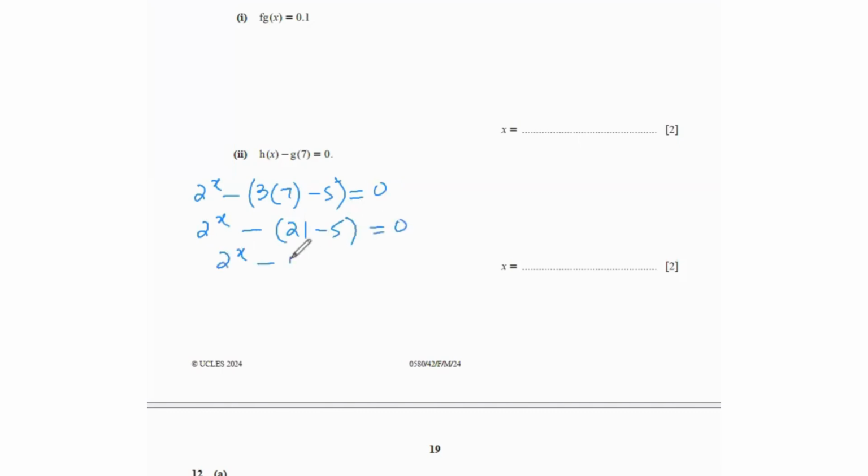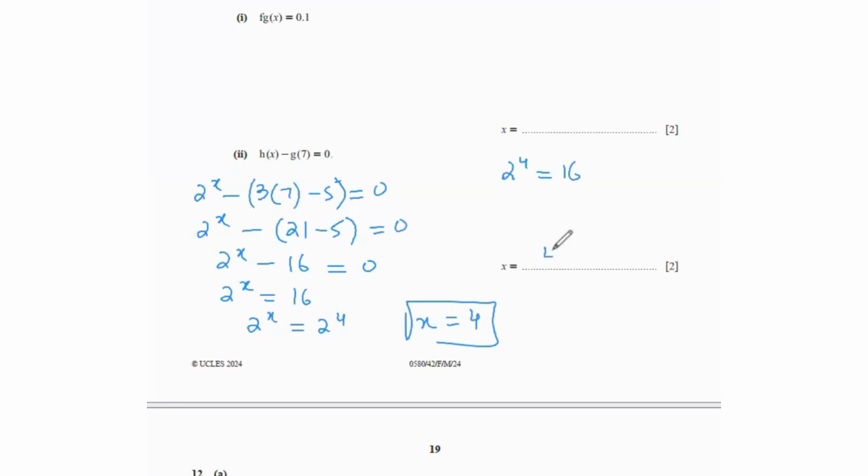So that is 16. So move 16 to the other side: 2 to the power of x equals 16. We know 16 is 2 to the power of 4. So replace that with 2 to the power of 4 and x equals 4. That's your answer.